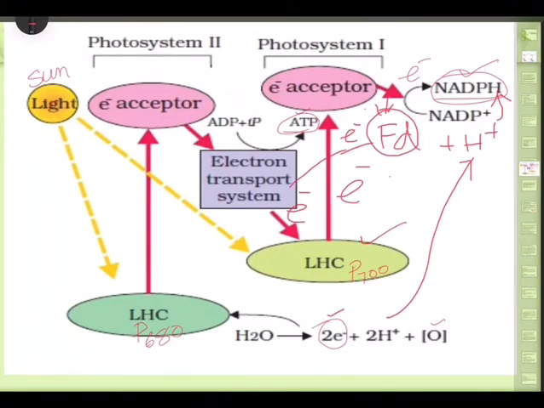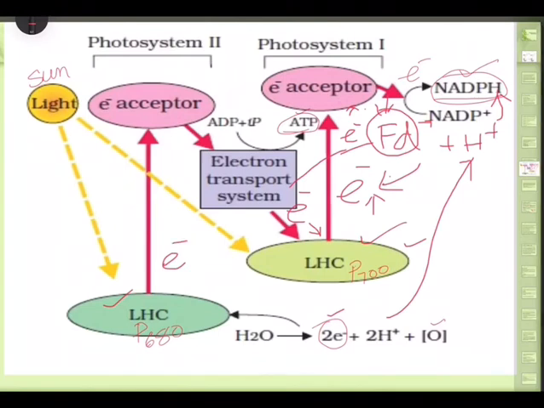So this is a highly energetic compound. And in the formation of this, the ferredoxin gets excited and again electrons are released, and these electrons will go back to the chain. So you get a circle. From ferredoxin they come here, again to the LH center, again to the electron acceptor, again to ferredoxin, NADPH, and again back. So this is how we say cyclic photophosphorylation.